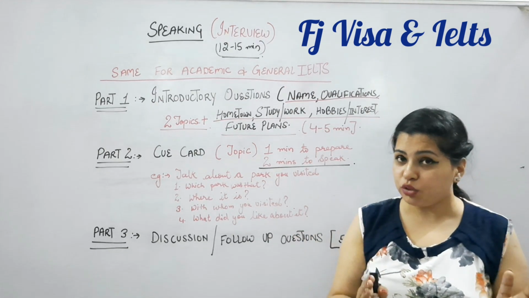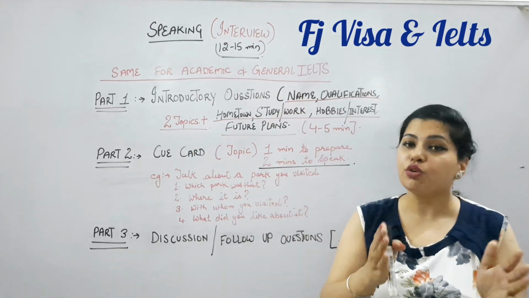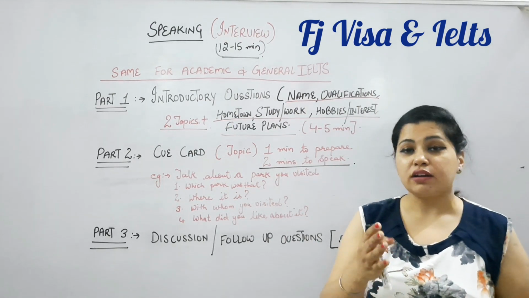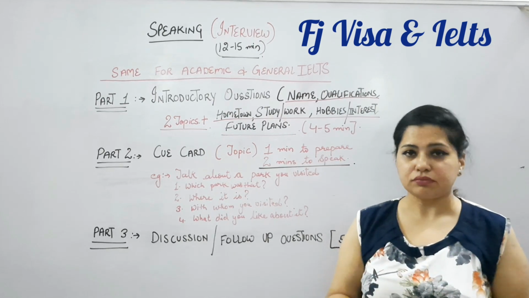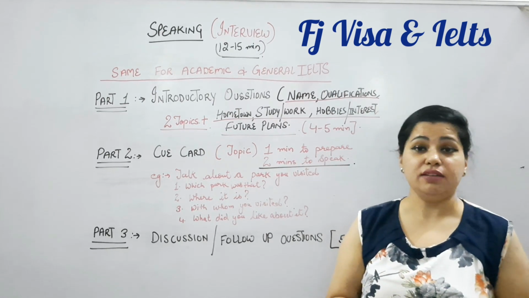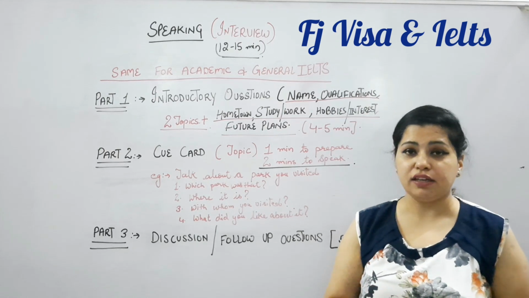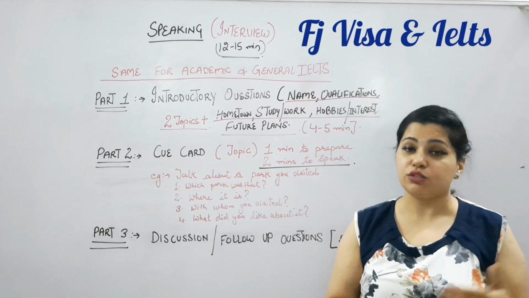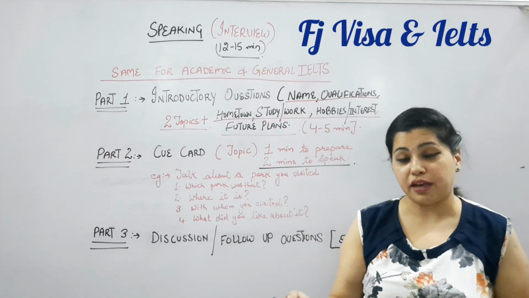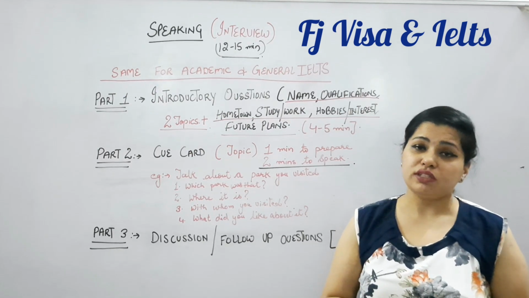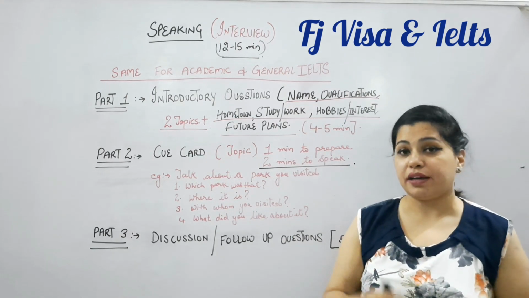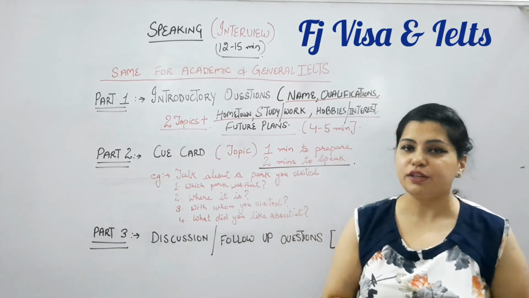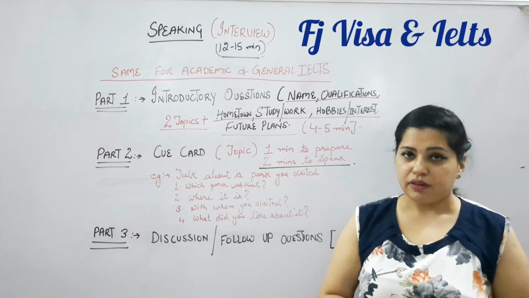As I have already told you, the questions are related to yourself, so you should be confident here. You are well aware of your things. Your hometown, your study, your previous study or your current study or your future plans related to your work or your academic qualification. So these type of questions are a bit easy and you can create a positive impression by answering these questions in a confident manner. Right?